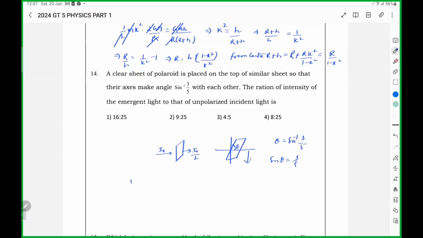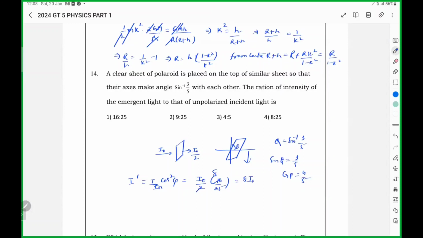So resultant intensity will be I dash, I incident here is I naught by 2 cos square theta. So here sin theta is 3 by 5, cos theta becomes 4 by 5.